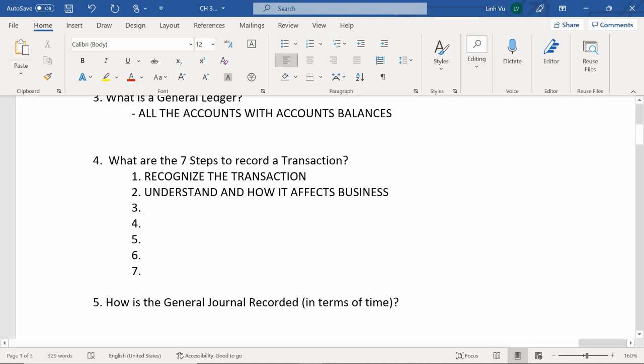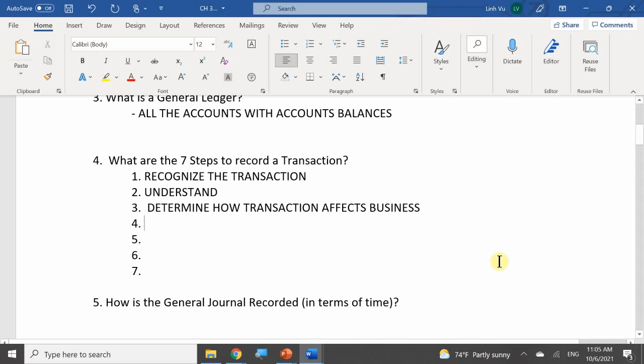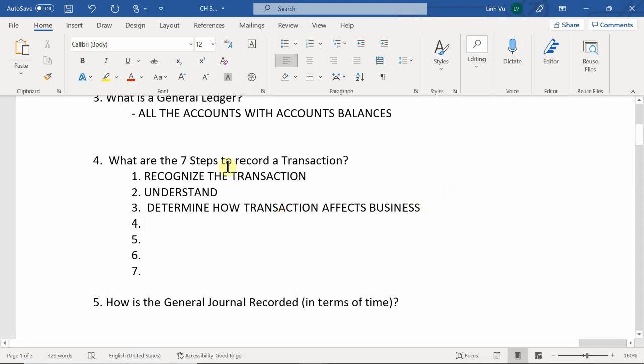Oh, wait, no. Step 3 would be determine how the transaction affects the business. What's step 4? The chart of accounts to determine the account numbers. Okay, I'm going to write chart of accounts for short.